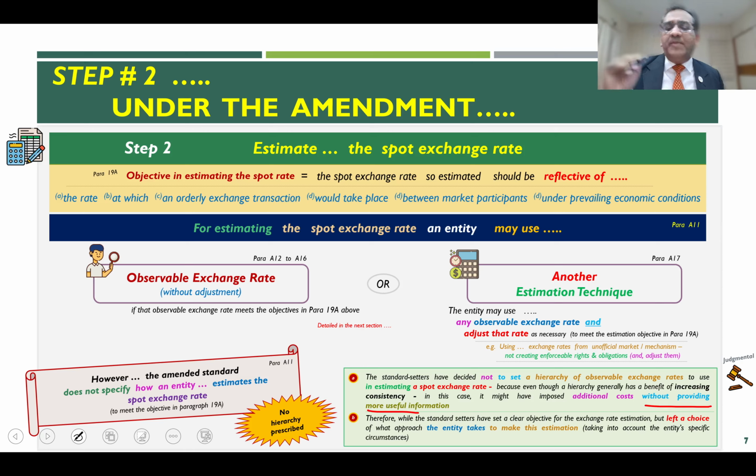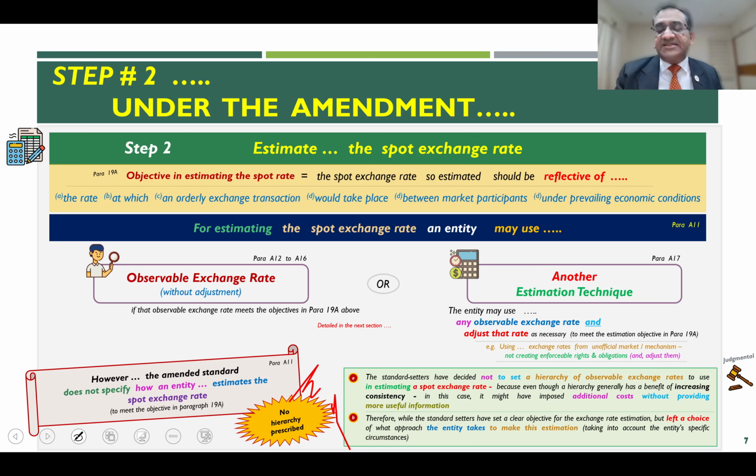Because if you mandate, those rates may not actually be available in a particular jurisdiction. And therefore, the moment you mandate that this rate or this method one needs to apply, it may not actually be possible in the facts and circumstances of a particular jurisdiction. And that is precisely the reason why no hierarchy has been prescribed under this amended standard.